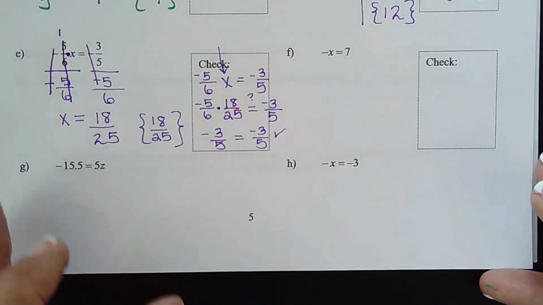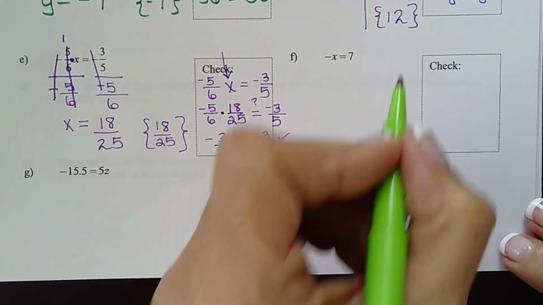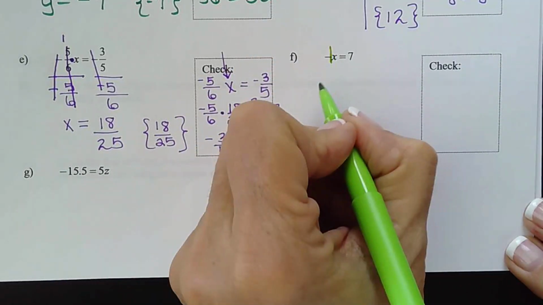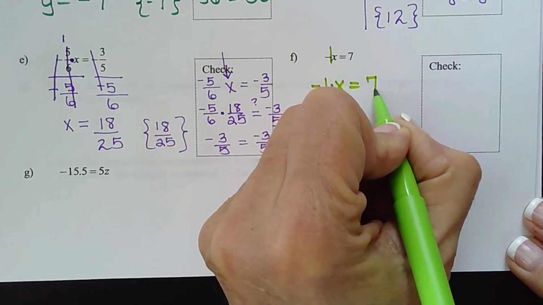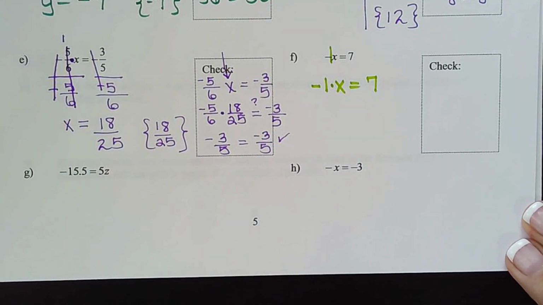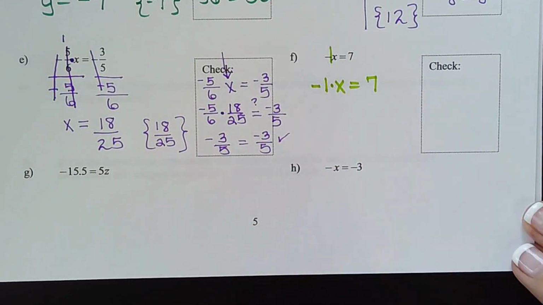Okay, for F, we did one of these earlier. We said that if there's a negative in front of the x, precede it with a 1. So -1 times x. That's how I would rewrite it on my paper from Alex. So I would rewrite it as -1 times x equals 7. And then I have no question in my mind what the first step is.